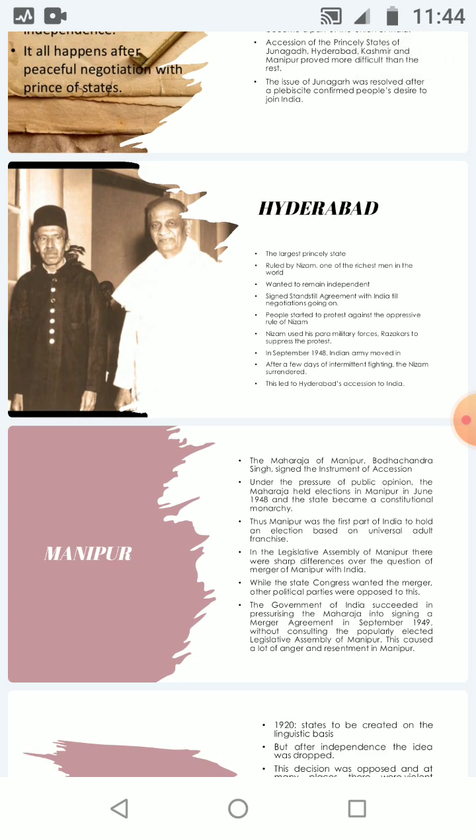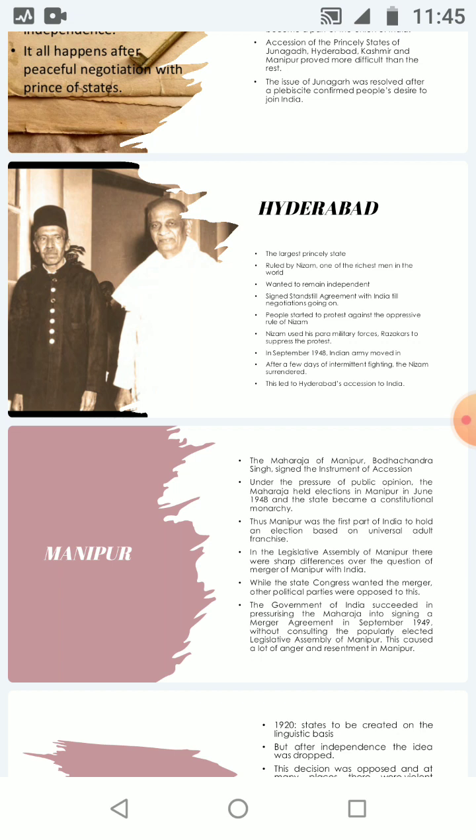First of all, we will know about Hyderabad. Hyderabad was the largest princely state at that time, and the ruler Nizam was one of the richest men in the world. He signed a standstill agreement and refused to join India.